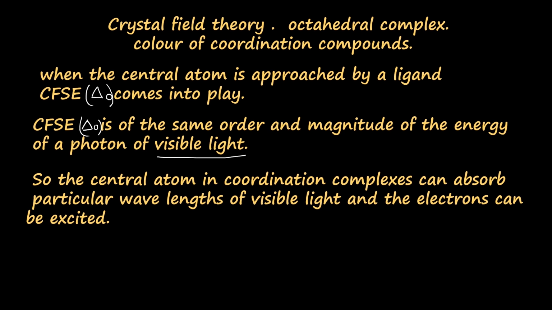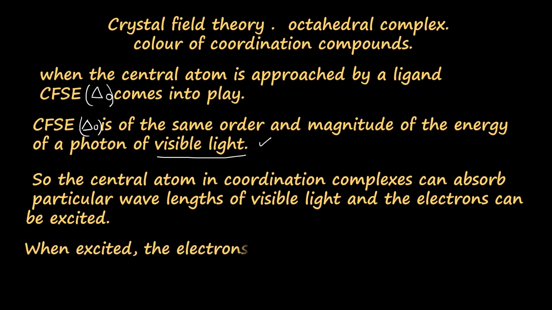Due to crystal field splitting, the electrons in the d subshell are already arranged suitably in the t2g or eg energy levels. The electrons in the t2g energy level further absorb energy from light, which will be greater than the crystal field splitting energy, and get excited further.